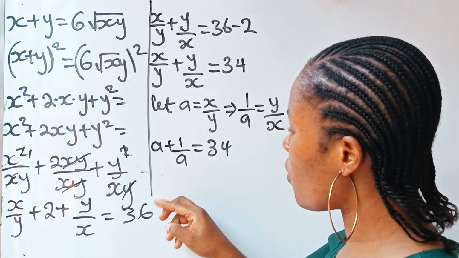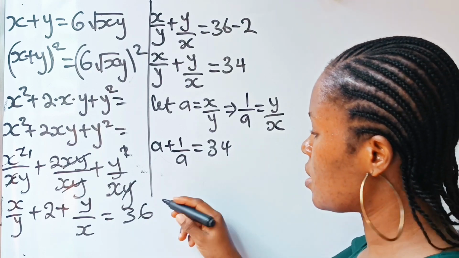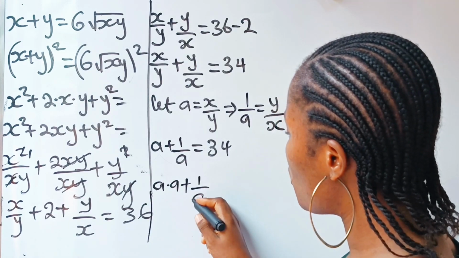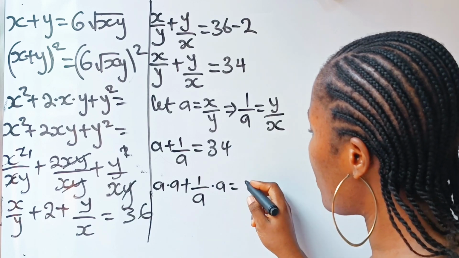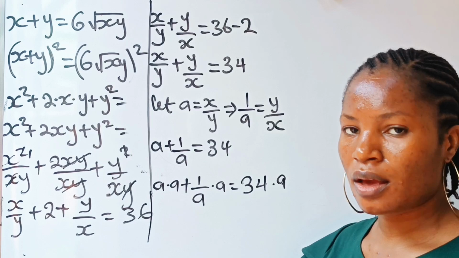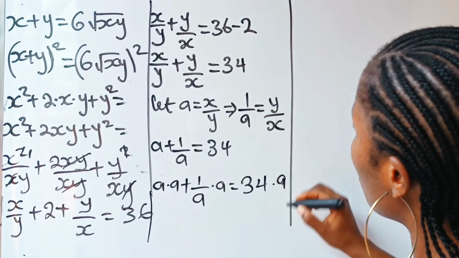Now to remove this a, we are going to multiply through by a. So we have a multiplied by a plus 1 over a multiplied by a is equal to 34 multiplied by a.